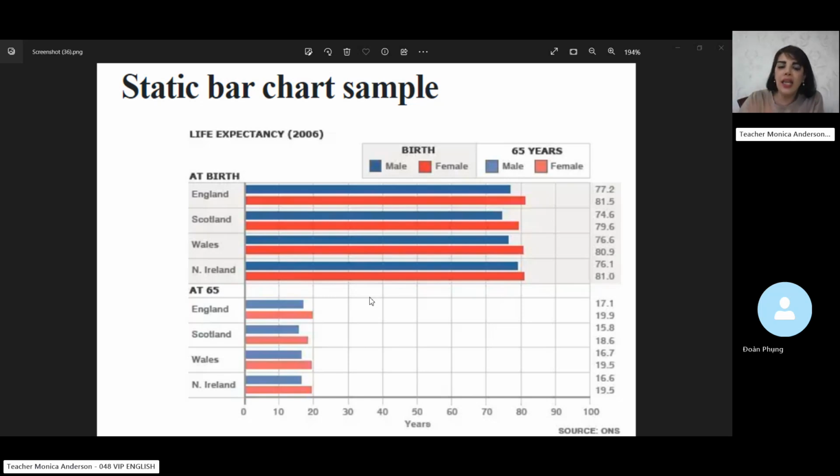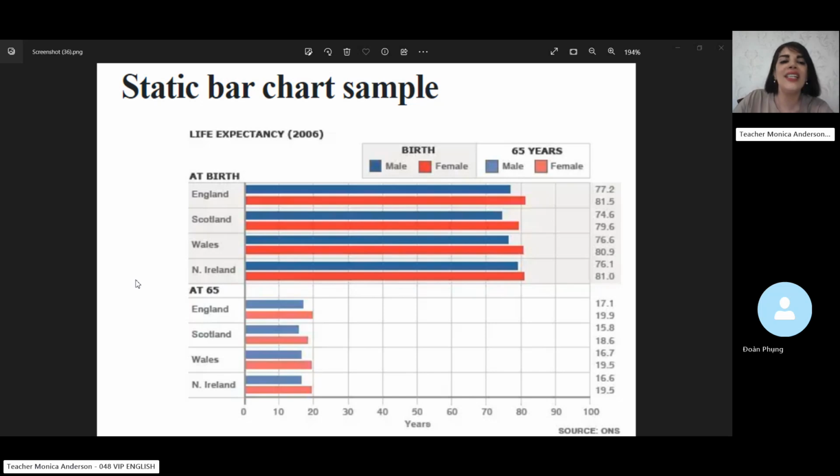Now you can make a comparison between these two. Considering this chart, you tell me, male or female? I think that's female. Of course, very good.